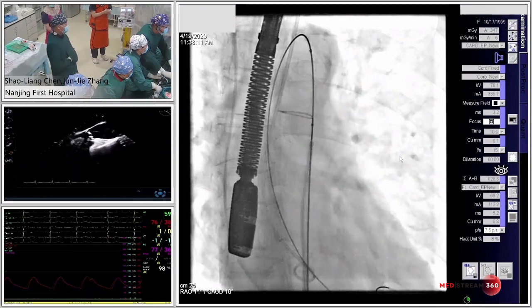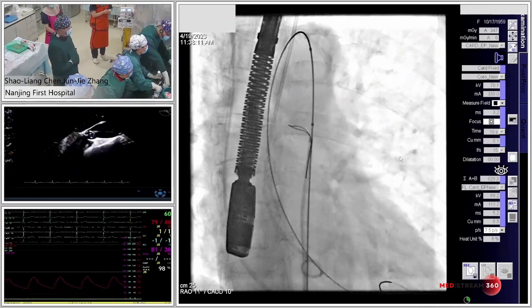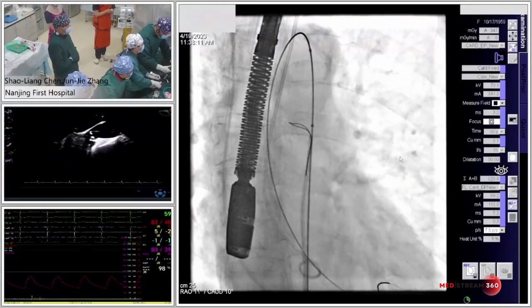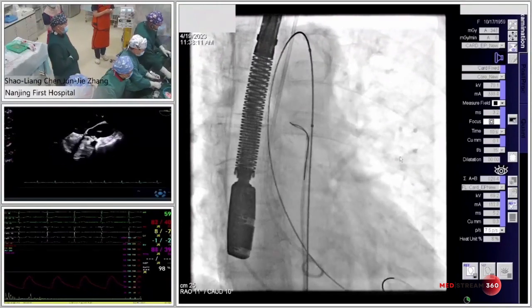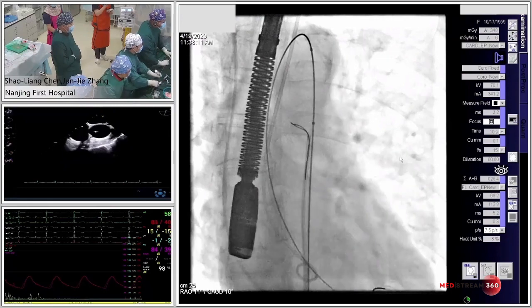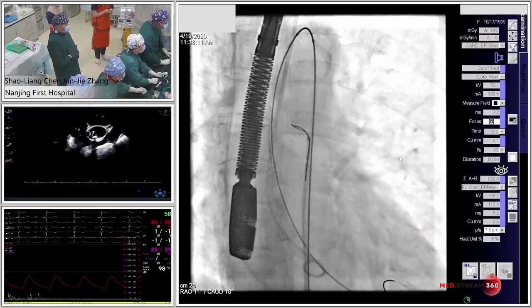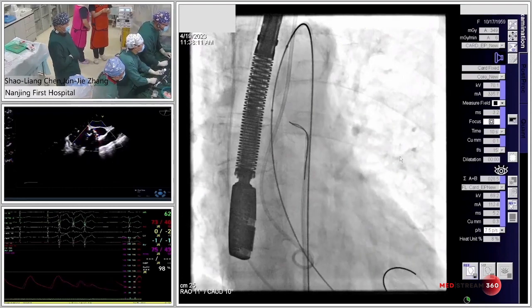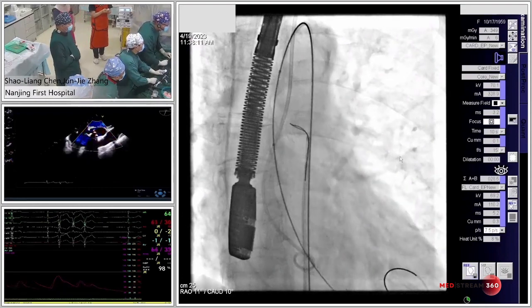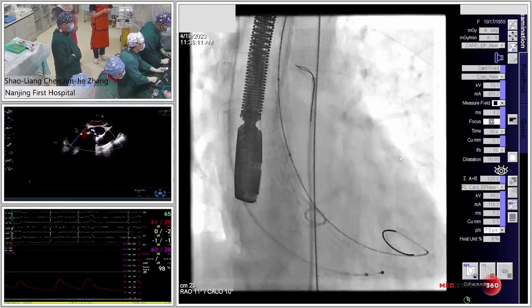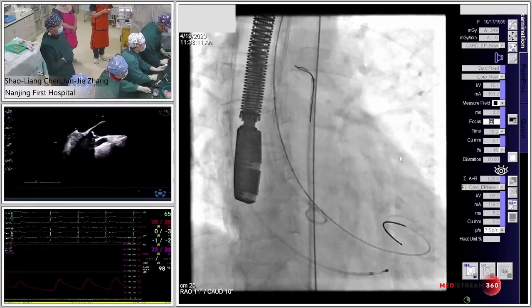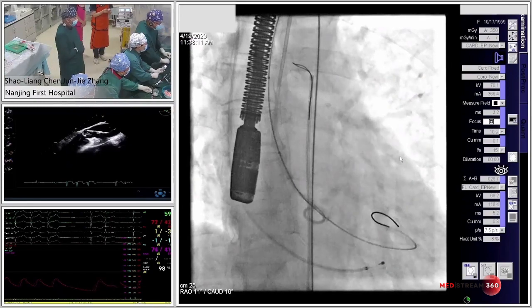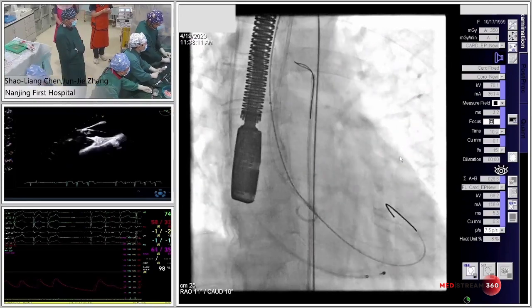Okay, we try. For some cases, it will not be easy to catch the wire. Still, you see, I need a small size balloon.